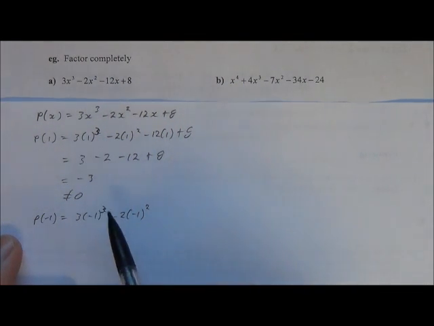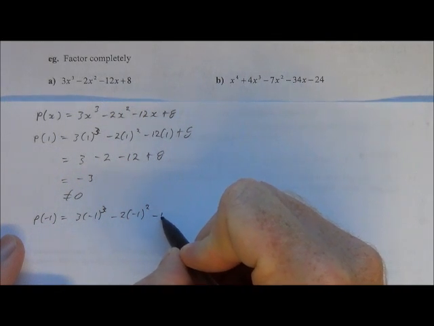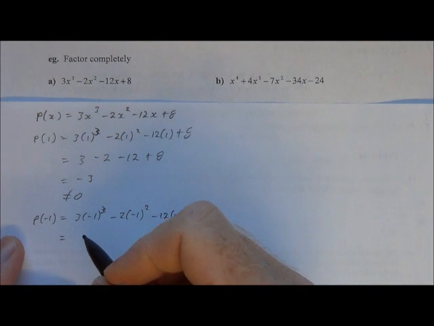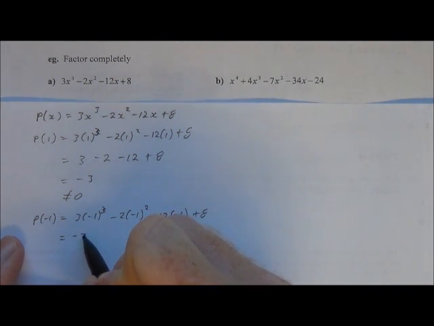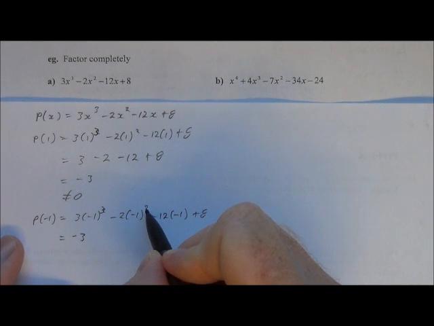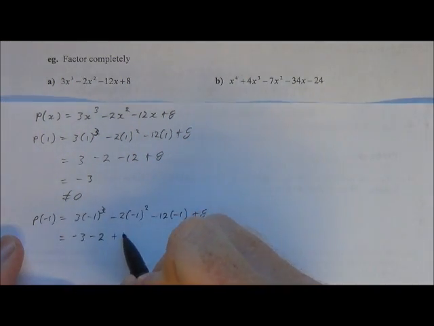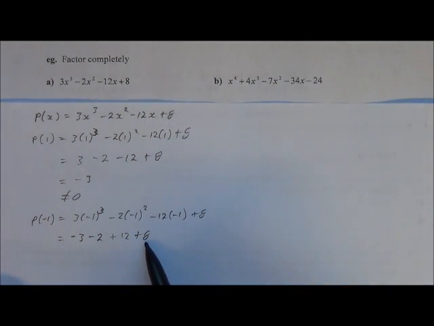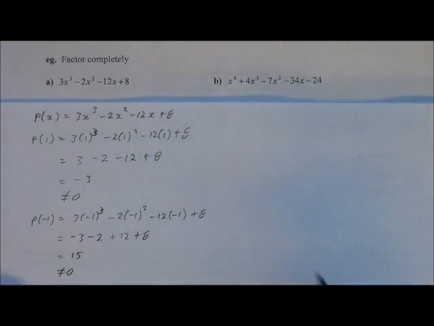In this case it didn't matter, but in this case it will matter for the second attempt here. So we get negative 1 cubed times 3 gives us negative 3. Negative 1 squared is positive, multiplied by negative 2, plus 12, plus 8. So here we get 20 minus 5, 15, which is not 0.